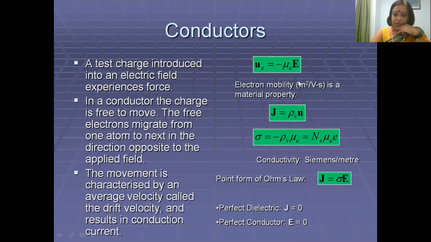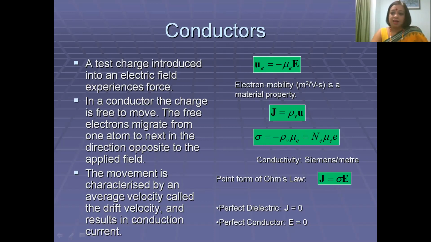And therefore, from this, you have the conductivity of the material, which is given as minus rho v mu e, which is again N e mu e. N is the number density of electrons, mu e is the mobility of the electrons, e is the electronic charge. So the conductivity of a material is related to the electronic charge, if you're considering only electronic current, the number density, and the mobility.